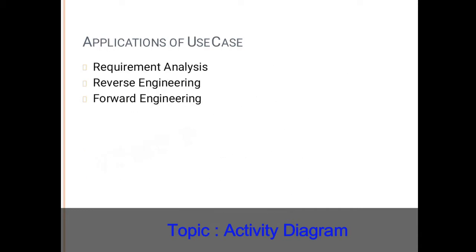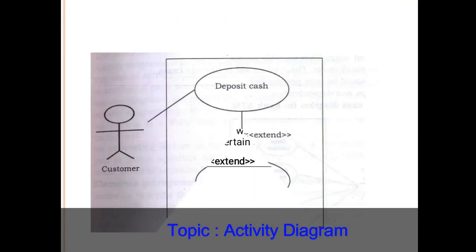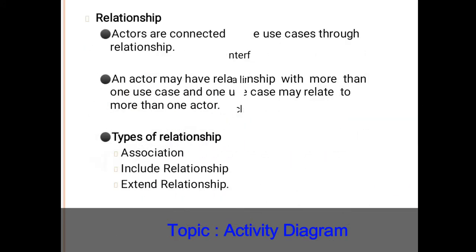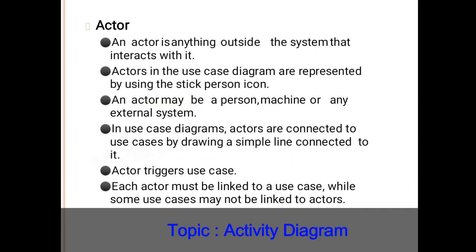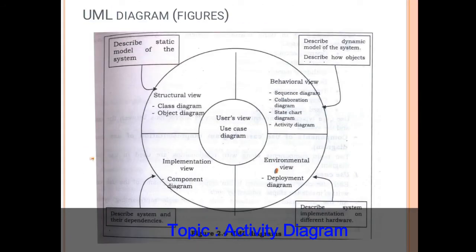UML diagrams include the activity diagram, sequence diagram, scenario based diagram, state diagram, and so on. This is the behavioral view of UML. The behavioral view consists of the sequence diagram, collaboration diagram, state chart diagram and activity diagram.